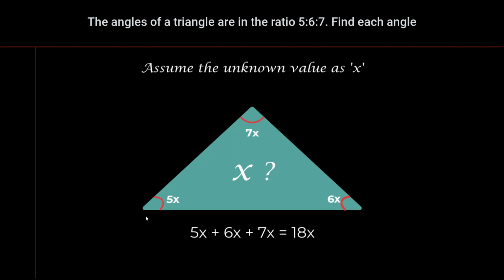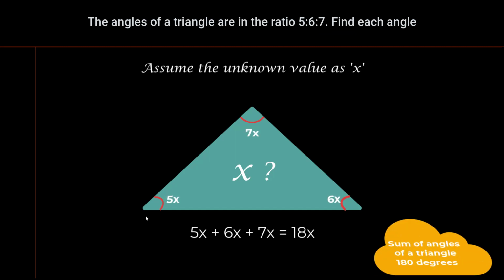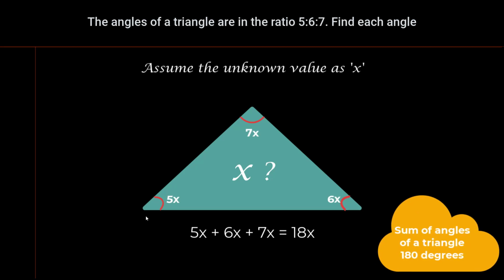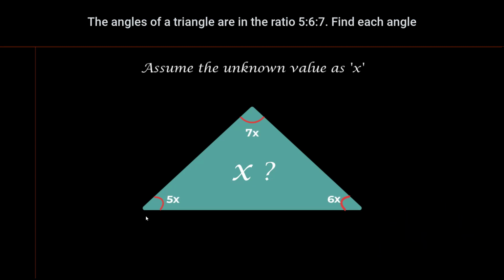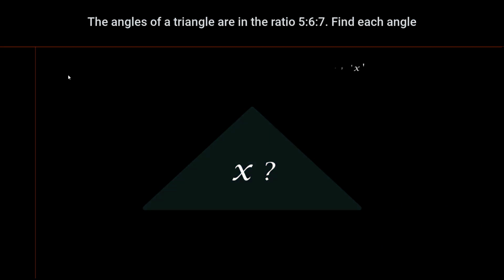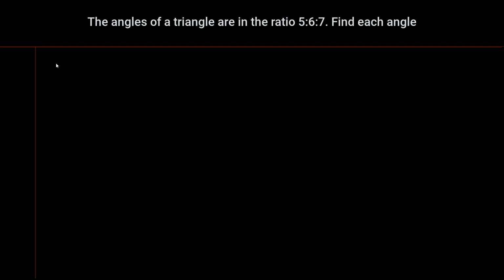Once we calculate the sum of ratios, we equate it to the total value that's mentioned in the question, and then we find the value of the variable. Once the value of the variable is calculated, then the individual value can be calculated directly based on their individual ratios. So the very first step, let's assume the angles of the triangle to be x.